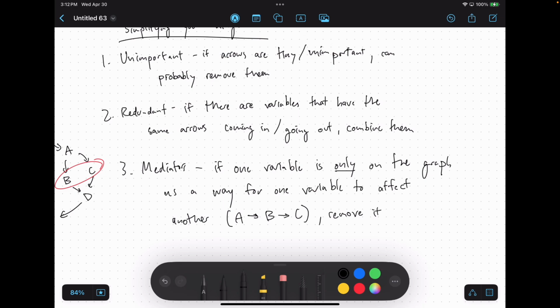On the other hand, right, if it were truly the case that the only thing that affects gum disease and the only thing that affects inflammatory responses are brushing your teeth, then those two things in the middle would be mediator variables, and you could get rid of them.